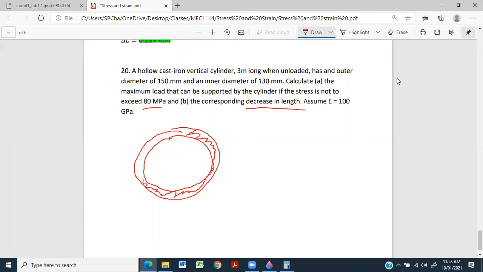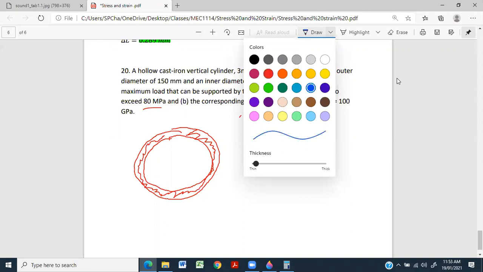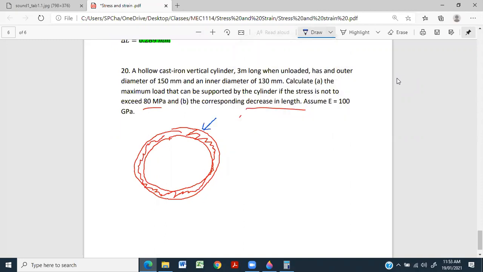So in order to find this area, you find the area of the outer circle and the area of the inner circle, and then you subtract the two. So maybe this outer circle is A1 and this here is A2. So the area is equal to A1 minus A2, right?